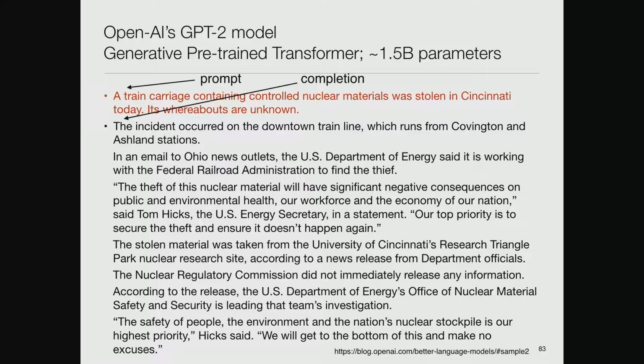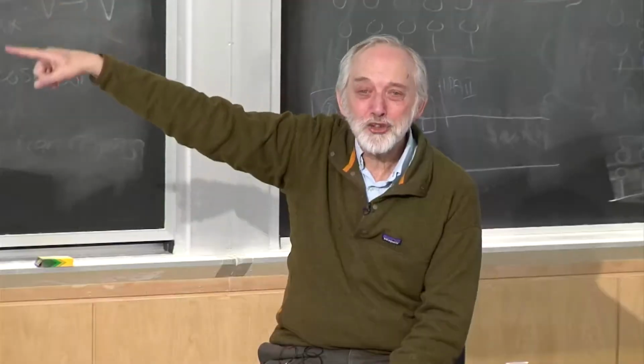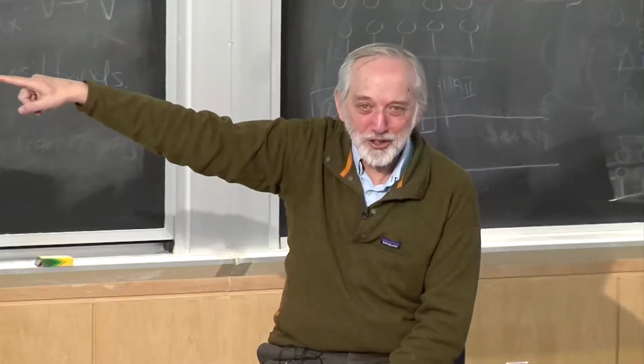And the system comes back with the completion that says the incident occurred on the downtown train line, which runs from Covington and Ashland stations. In an email to Ohio news outlets, the U.S. Department of Energy said it's working with the Federal Railroad Administration to find the thief, et cetera. Okay, this looks astoundingly good.